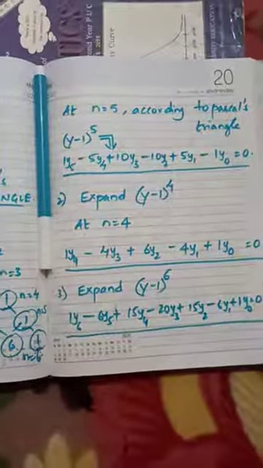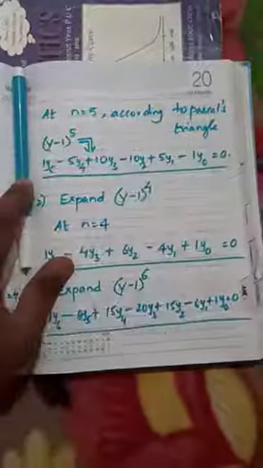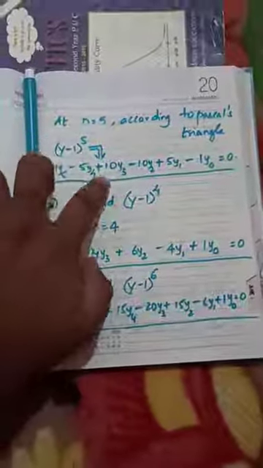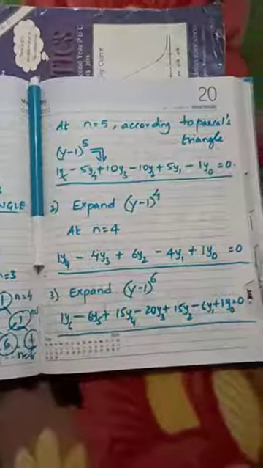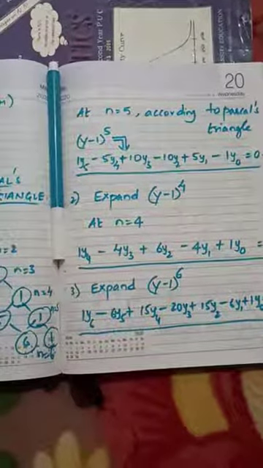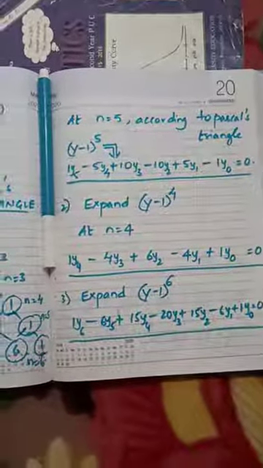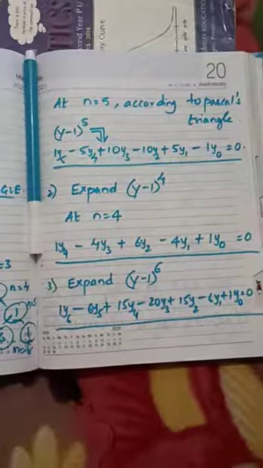And then afterwards, simple logic: plus, minus, plus, minus, always starts with plus, positive, and then minus, and then plus, and then minus, plus, minus. This way, please put the signs, plus minus, till the end. Then equate it to 0. This is the expansion of (y minus 1) whole power 5.